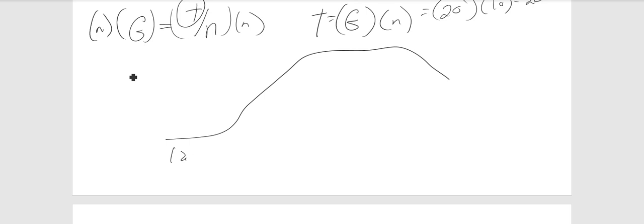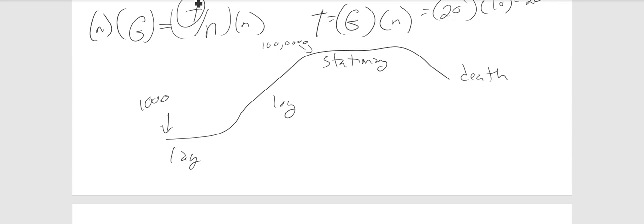Remember, we have lag phase, we have log phase, we have stationary, and we have the death phase. What this question was really saying was if you start a culture with 1,000 cells, how long is it going to be till you get to 1 million cells. Now we want to know what's the time to get from here to here.